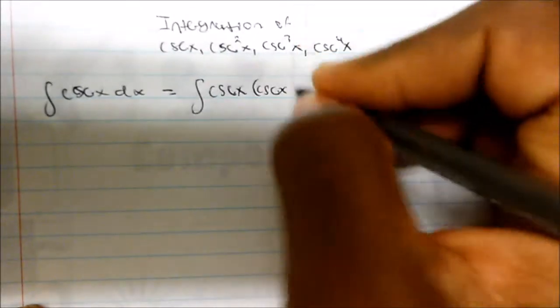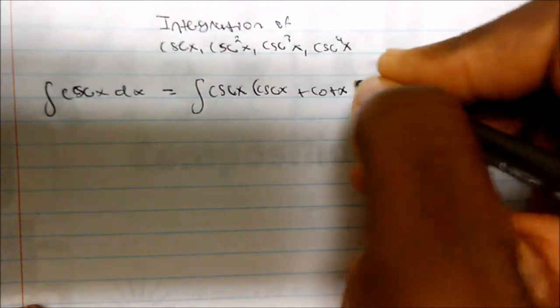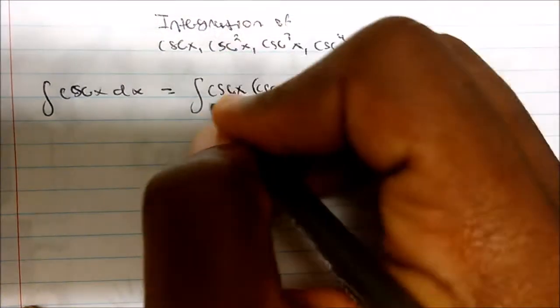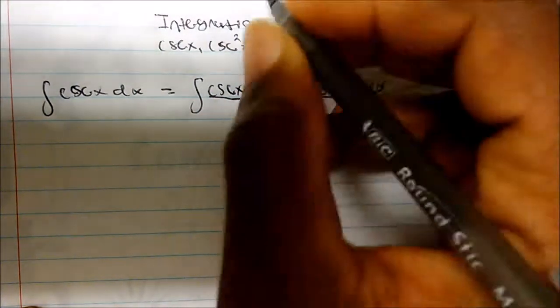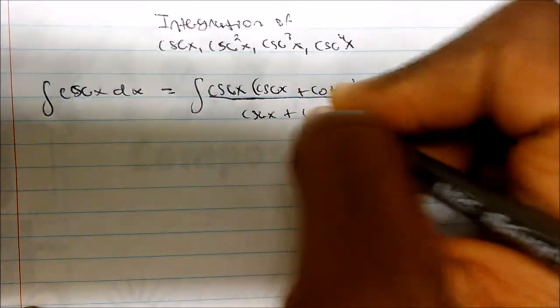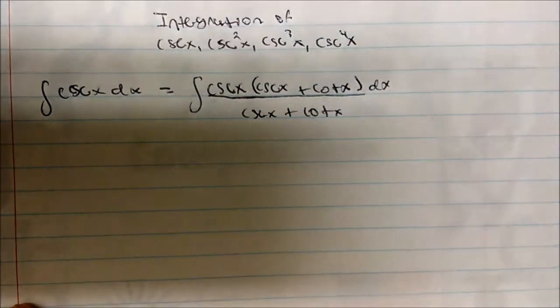Well, again, just like secant, we're going to treat this as the integral of cosecant of x times cosecant of x plus cotangent of x dx on both sides. So this is my numerator. This becomes cosecant of x plus cotangent of x dx.